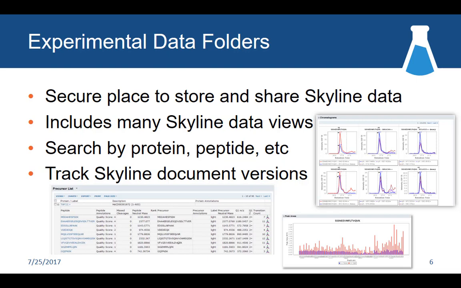And then this is a nice capability that we added a while ago, to be able to keep track of all the different versions of a given Skyline file that you've generated. So one of the initial scenarios that we helped design this for was around doing a method build. So you're trying to build up your assay before you actually run it on all of your samples. You may start out with a large number of peptides or precursors that you're considering to include in that method, but then you refine it down, and you may want to capture those different steps along the way.